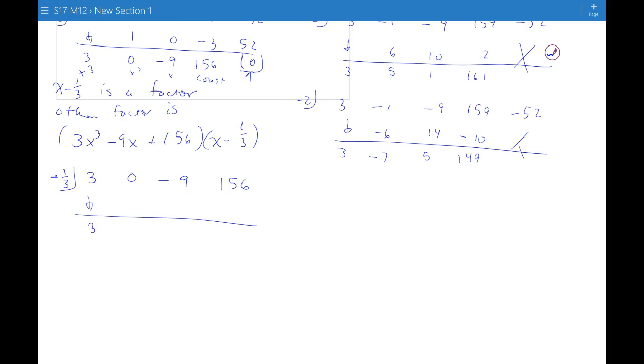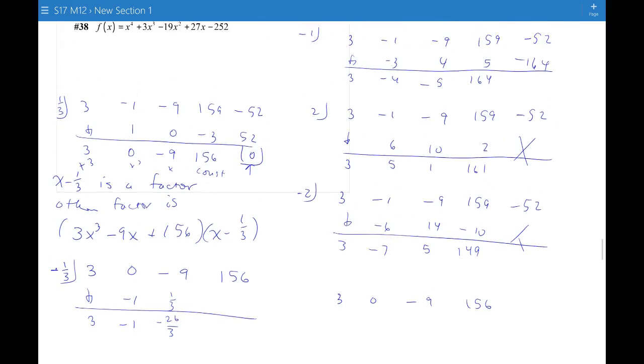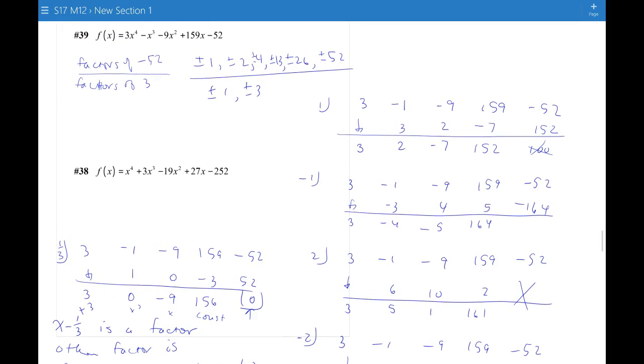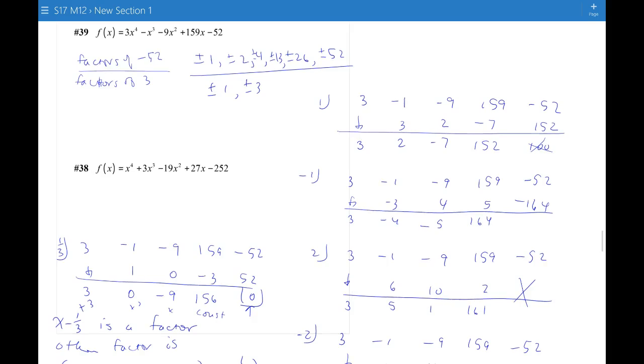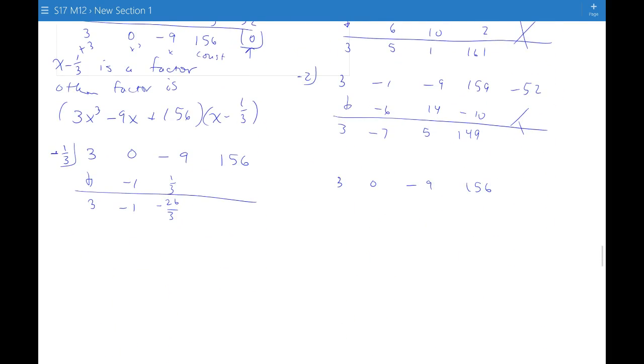So we'll have 3, negative 1, 1/3, negative 26/3. That doesn't look like it's going to work. So let's see, we also have 13.